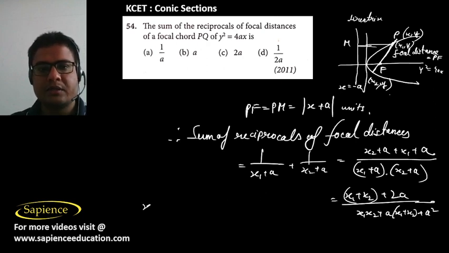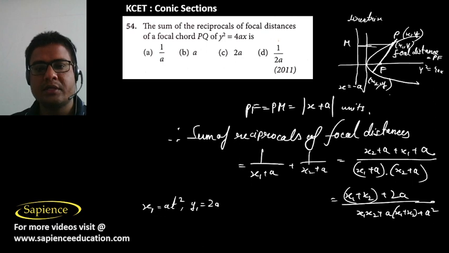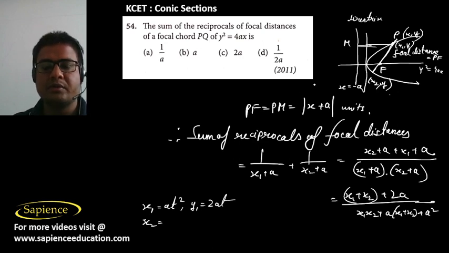now we can take the points as x1 equal to at square and y1 is 2at. Then x2 will be, so we know that t1 t2 equals minus 1, so t2 will be equal to minus 1 by t.